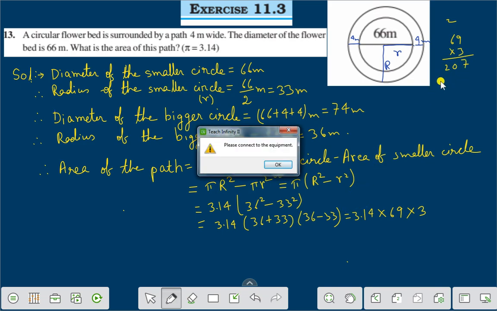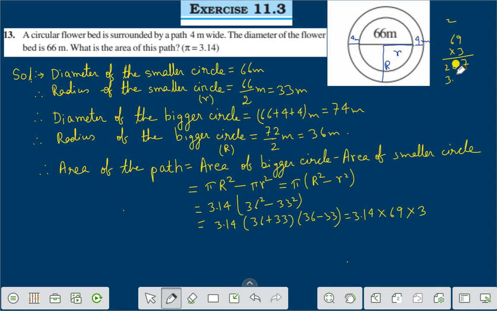If we multiply 207 by 3.14, 4 7 is 28, 8, then carrying over, we are getting 6, 4, 9, 9, 8, and the point will be 2 places, 649.98.